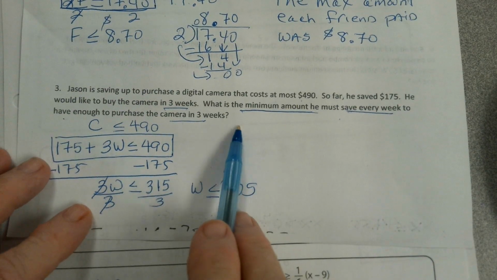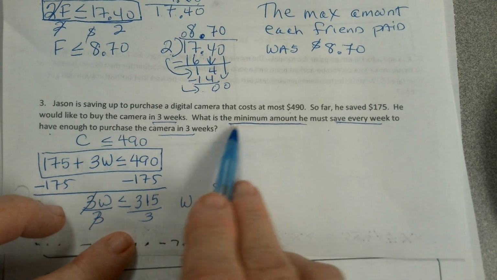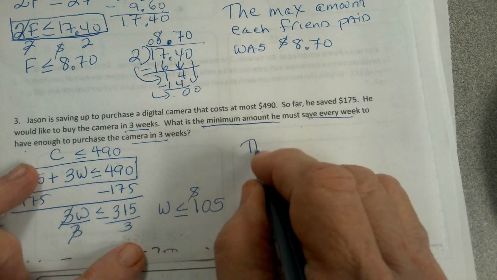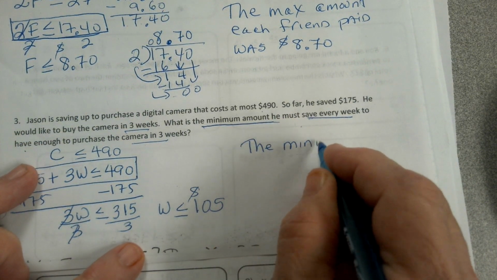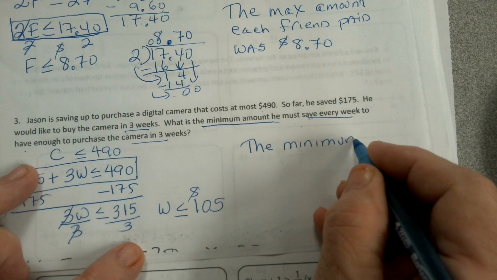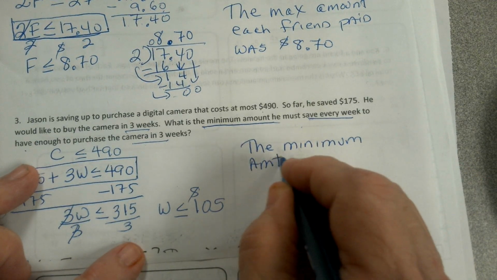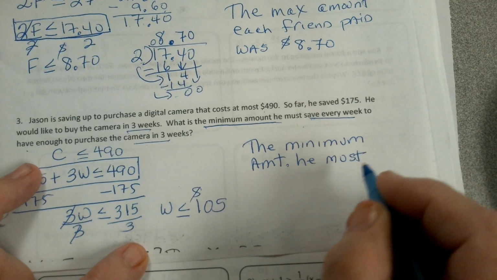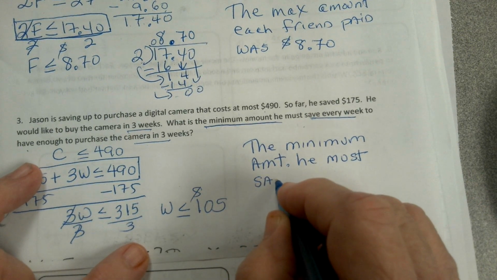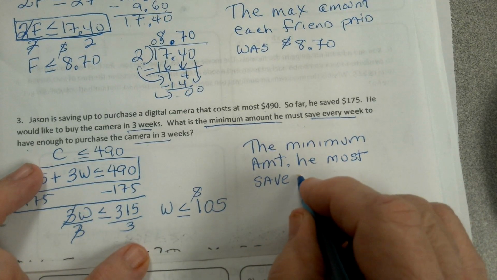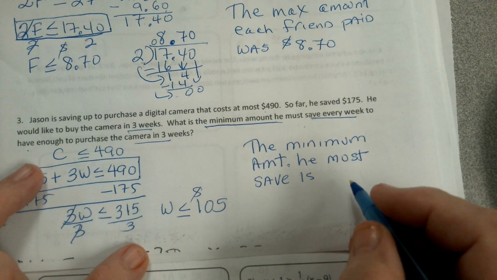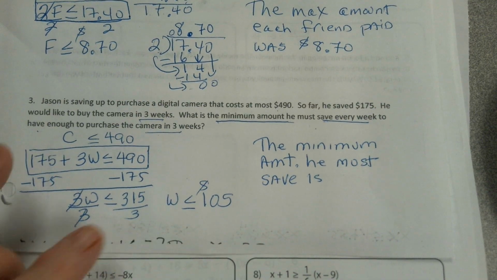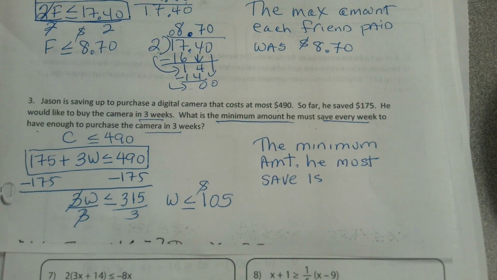All right. So the sentence here is the minimum amount. It's asking what is the minimum amount? The minimum amount he must save is the minimum.